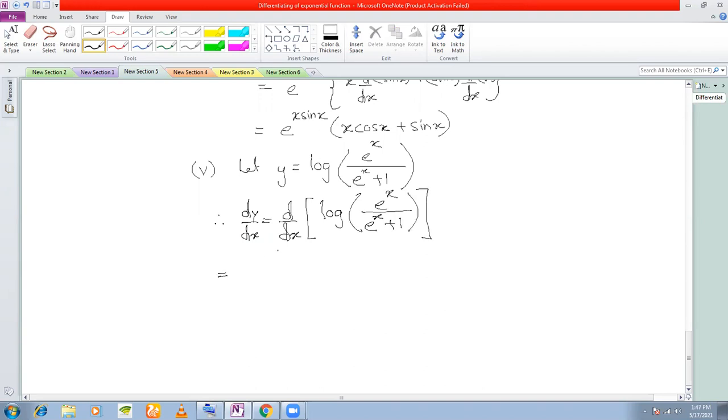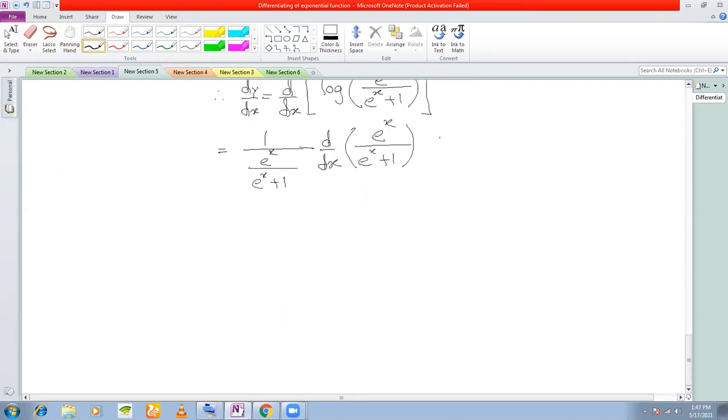So here, first we differentiate the log to get 1 by e to the power of x by e to the power of x plus 1. And then you multiply this with e to the power of x by e to the power of x plus 1.